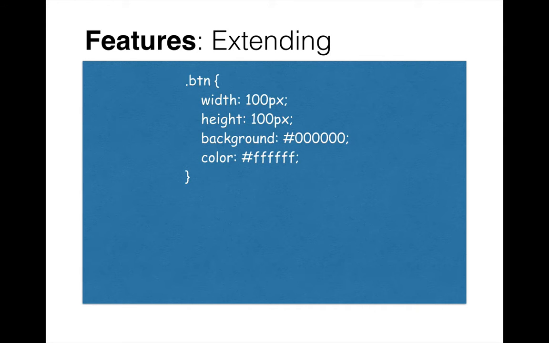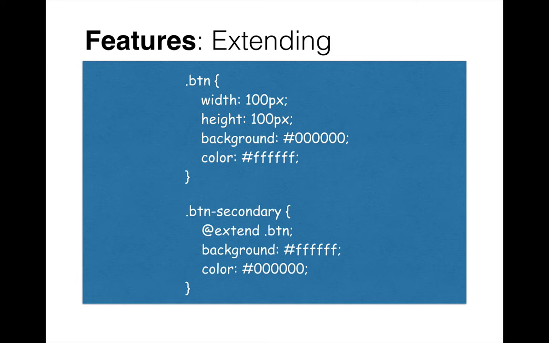And you can extend Sass. That means that, for instance, I have this class, which is a button with 100 pixel width and 100 pixel height, with a black background and color white. Then if you want to create a second button, and the only thing you need to change is the background color and the color of the text, you can extend the main class.